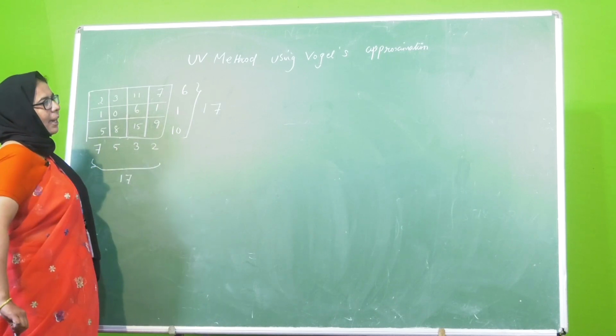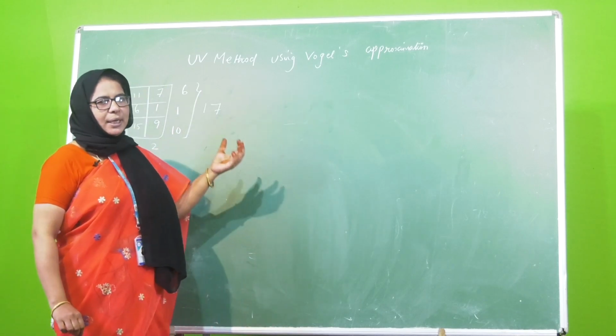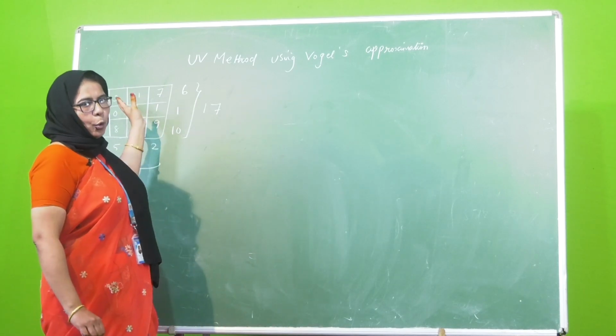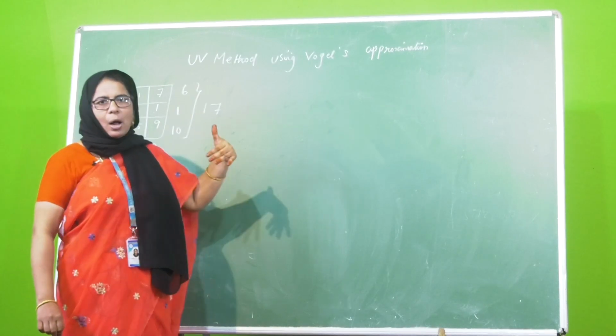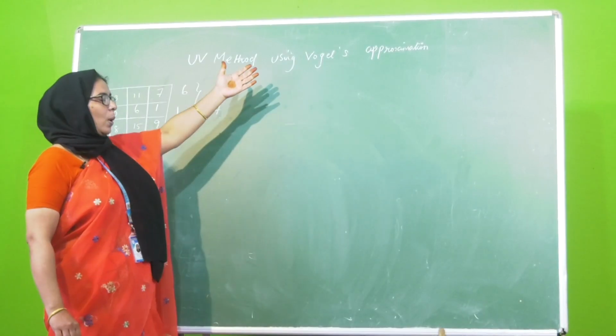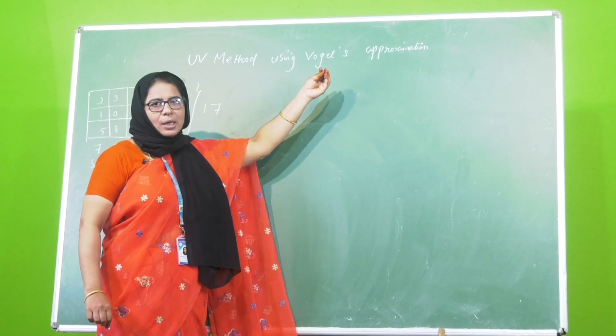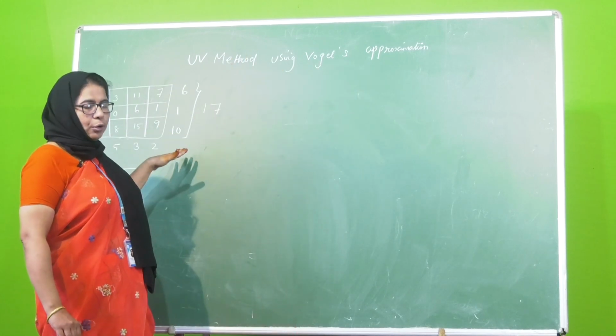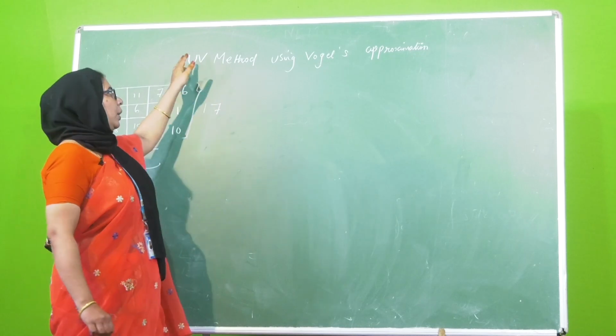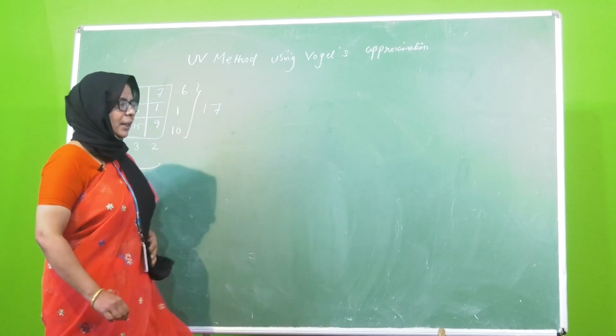So the demand and supply are equal, 17 and 17. So the problem is a balanced transportation problem. Now we will use Vogel's approximation to find the initial allocation values, and then we will use the UV method.